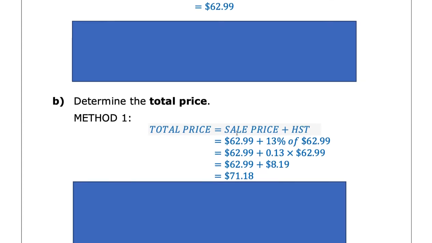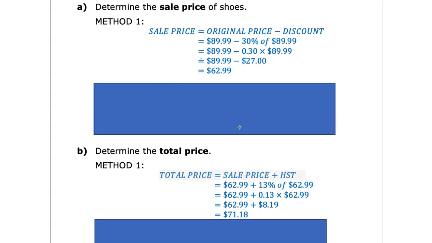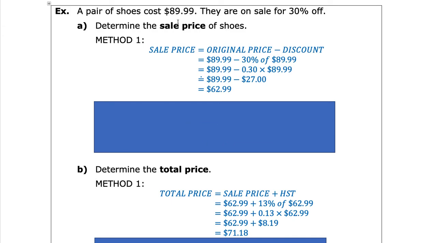The sale price was $62.99 as calculated in the last question, but we need an additional 13% of $62.99. That is 0.13 times $62.99, an additional $8.19 for HST. We add that to our sale price and we get $71.18.